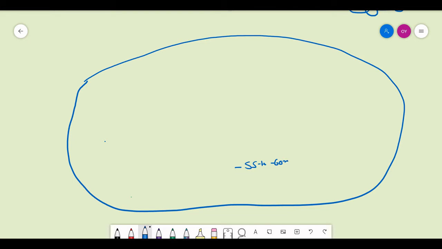At this membrane potential, some of the sodium channels are open. Because of this open sodium channel, some sodium will move in and take the membrane potential towards less negative, upward, right? But it has not reached the threshold yet.